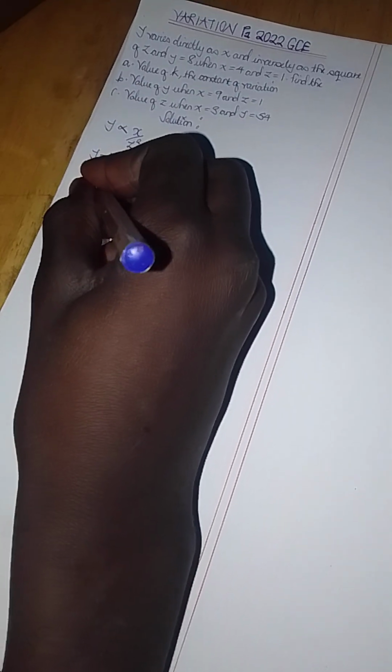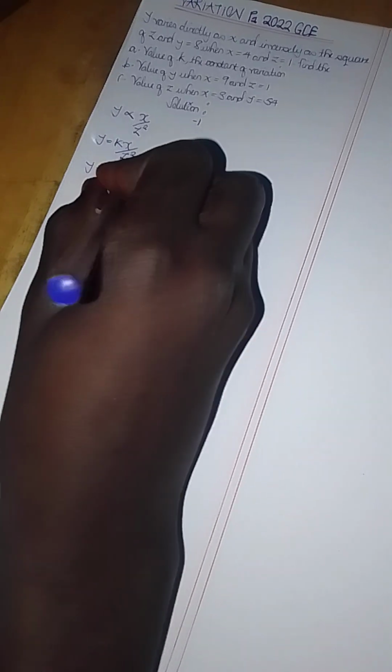We are given these three numbers. So y equals k, which we are looking for, times x, which is 4, over z, which is 1, squared. We have y given as 8.